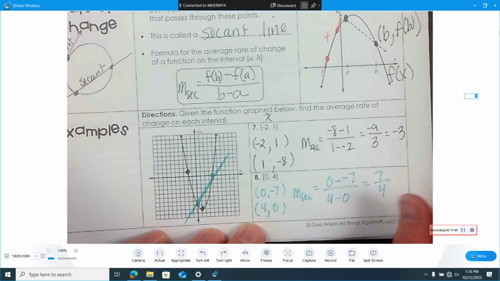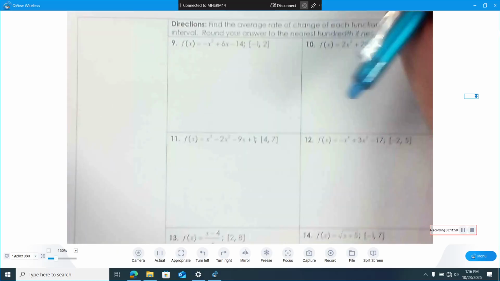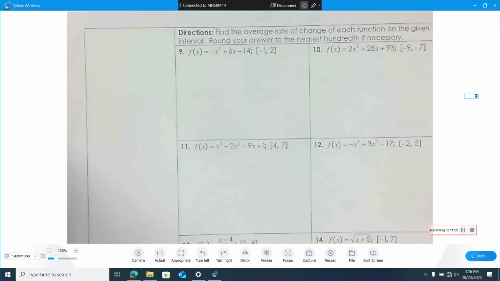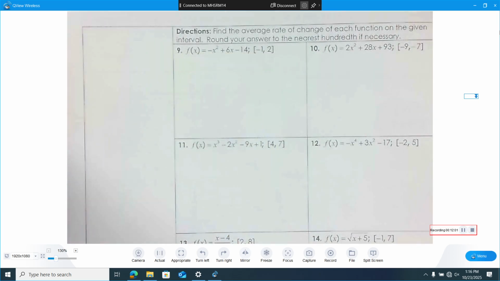Questions so far? Okay, now you're going to learn the coolest thing ever about your calculator. In real life, we don't always have graphs to look at to make it easy to identify the points. So instead, they give us an equation.